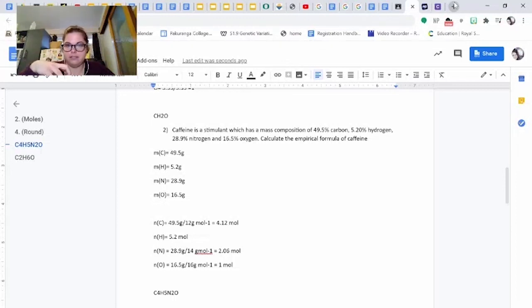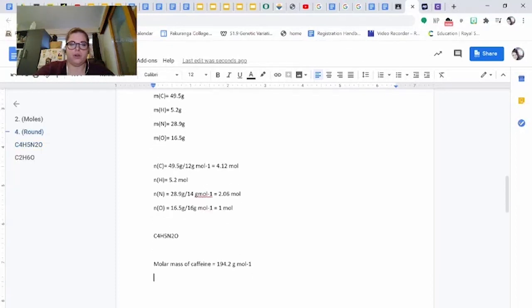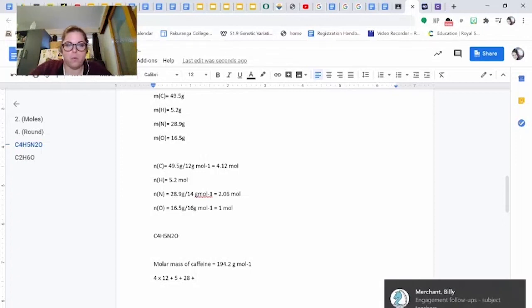All you do is you add together the molar mass of what you've got here. So you go 4 times 12 plus 5 times 1, which is still 5, plus 28, plus 16, sorry.